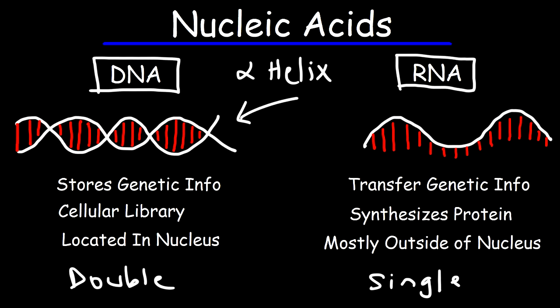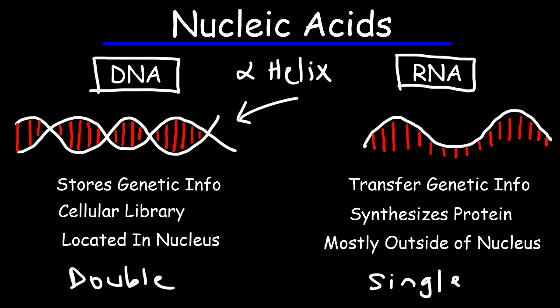And DNA basically, its function is to store genetic information. It serves as the library of the cell, whereas RNA can be used to transfer genetic information from one part of the cell to another, and it can also be used to synthesize protein.